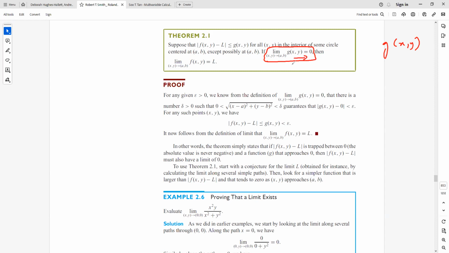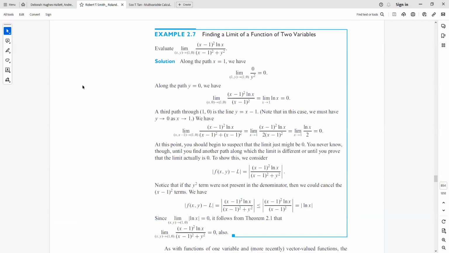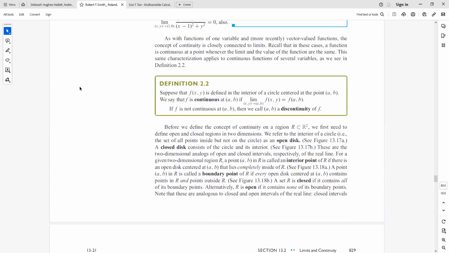This is necessary. So if g of x comma y goes to 0, then and only then can we say with surety that this is true. All right, so these are some examples for the existence of the limit.